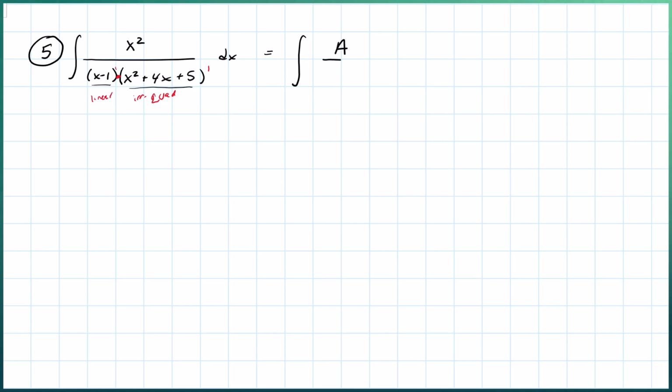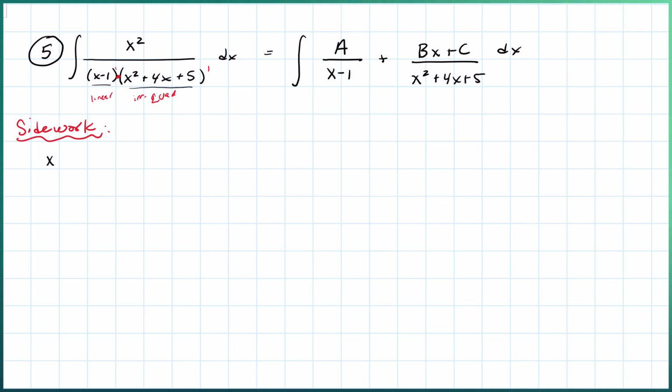So we've got A over x minus 1. We get one partial fraction from the linear factor, and then we're going to get one partial fraction from the irreducible quadratic, x squared plus 4x plus 5. So we've got those two partial fractions. We're going to come off to the side and work our side work to find those constants from equating coefficients.